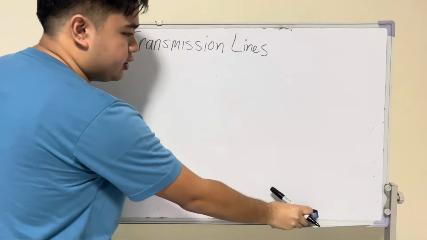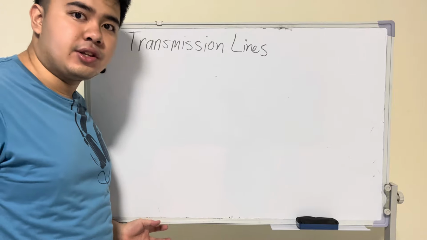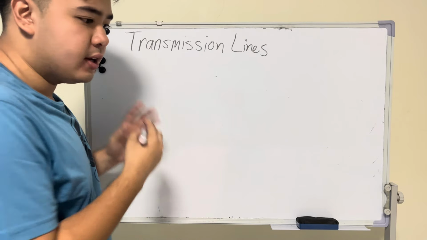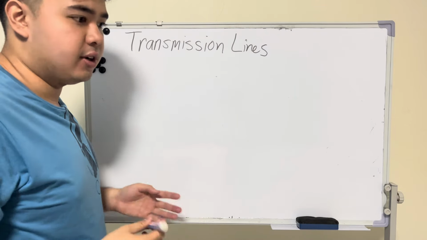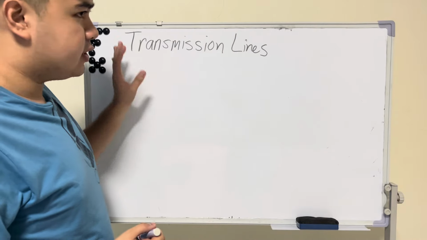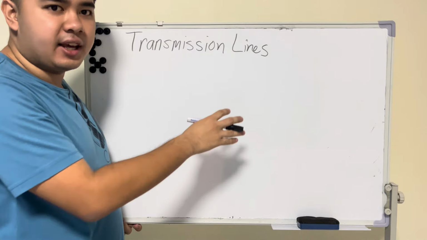In electrical engineering, the study of transmission lines is often correlated with efficiency, since they want to transmit as much power as possible from a generator to the load, or the houses or whatever. For electronics engineering, we want signal integrity.